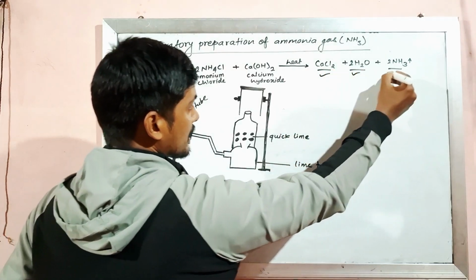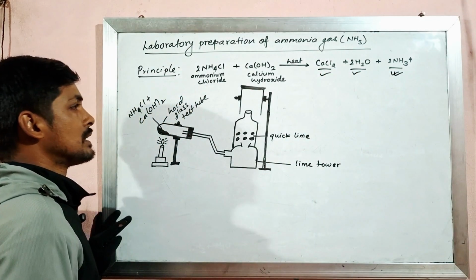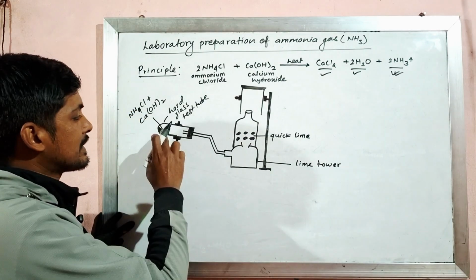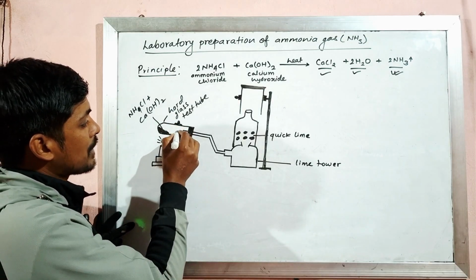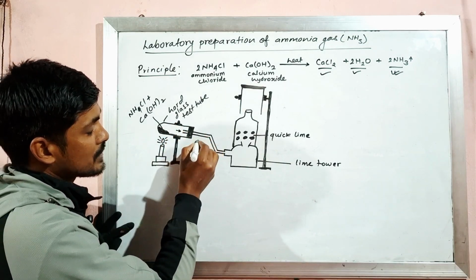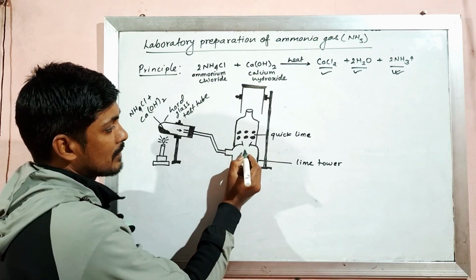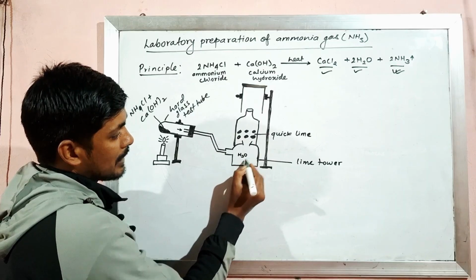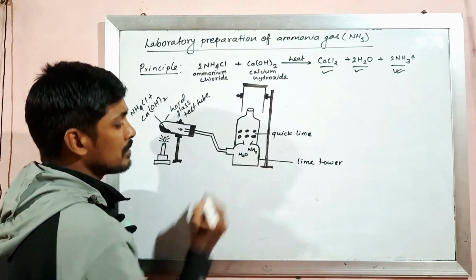Calcium chloride, water and ammonia gas are formed. This water which is formed here gets vaporized due to the heat and passes through the delivery tube along with the ammonia gas.